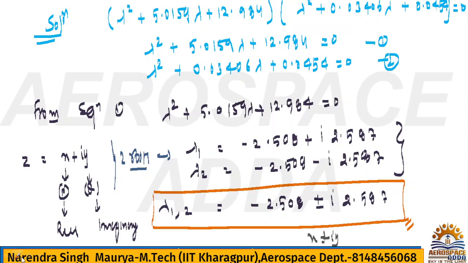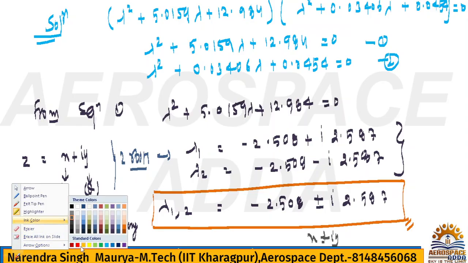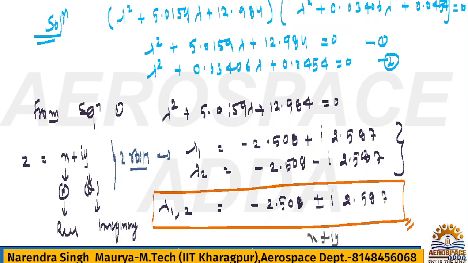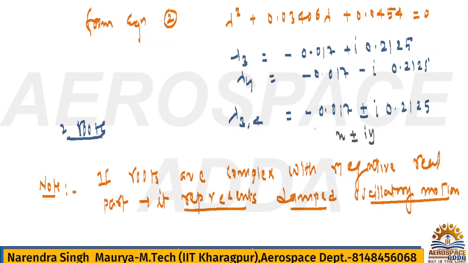Now check the real part. Which one is the real part? The first part is real, and the second part is imaginary, because it comes with the symbol i. Whatever component is with i will be the imaginary component. Check the real component: it is negative here, and the same thing here also, we are getting a negative real part. So if we have a negative real part, then it will be damped oscillatory motion.